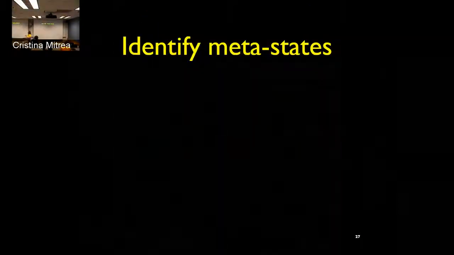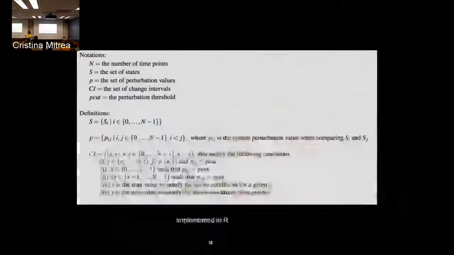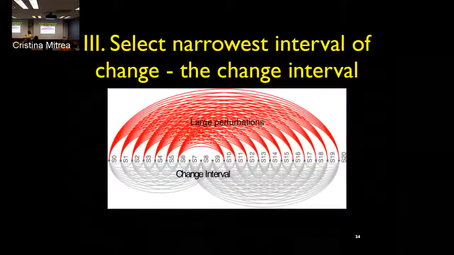After we identify the change interval, as we see here, these states kind of group together, and that gave us the idea of a meta-state. What if this is a meta-state of non-disease or non-effect of the treatment? And what if this is a meta-state of the disease or the effect of the treatment?